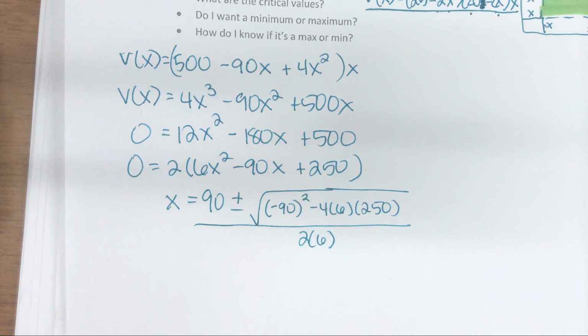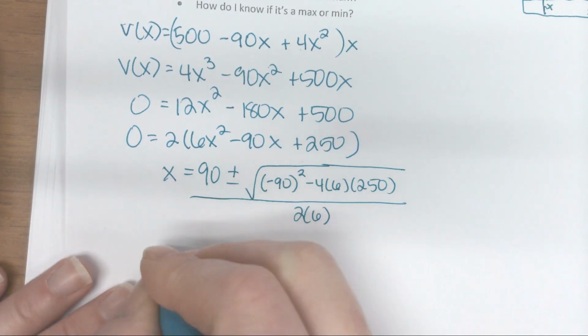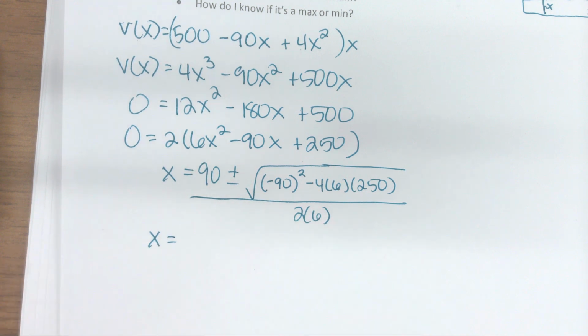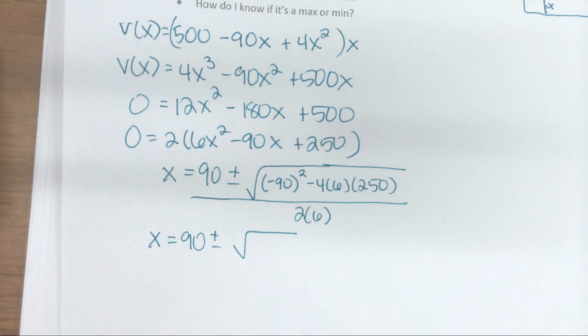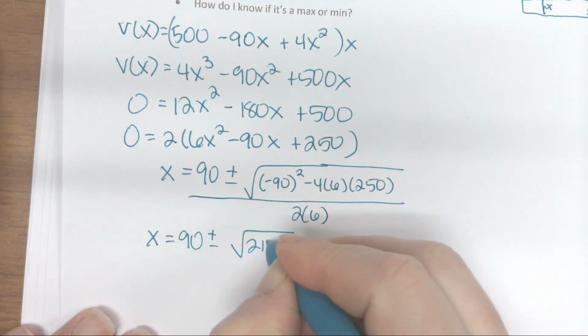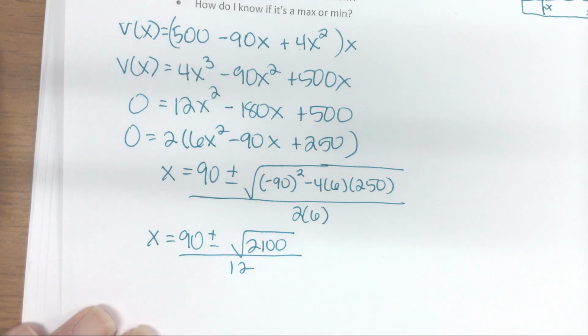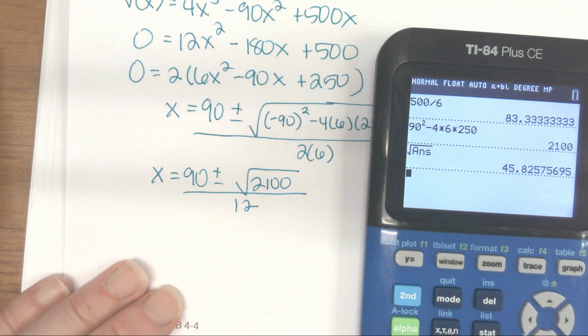All right, I need somebody to evaluate underneath the square root for me, please. Did you get 2100? Let's go ahead and round that to 3 decimal places. 45.825 if you truncate, 826 if you round.